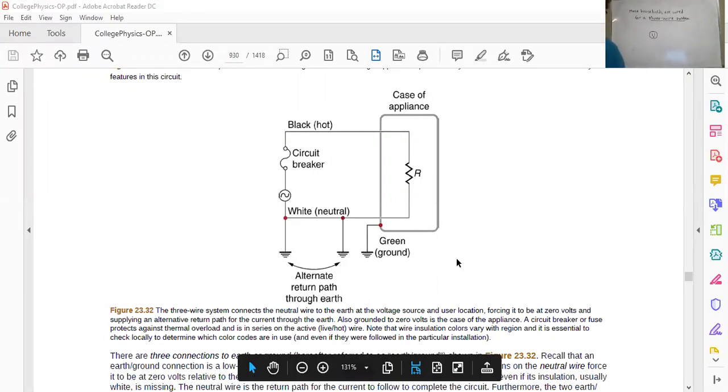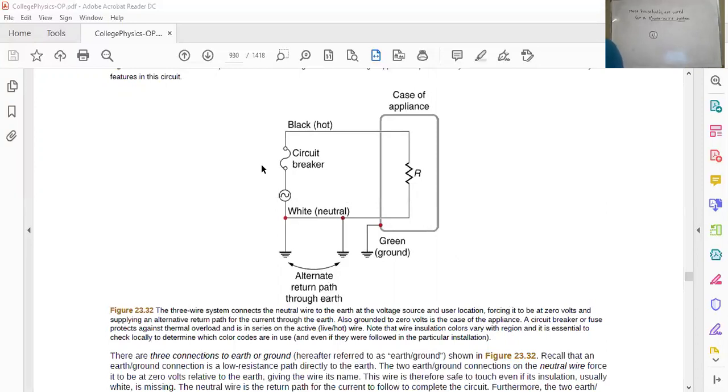You notice here on the side a picture of a fuse. That's your circuit breaker. This black wire, the hot wire, is where your actual current's going through, so it's connected in series with a circuit breaker. If that circuit breaker experiences too much current, it's going to blow the fuse. So you certainly want your fuse or circuit breaker wired schematically with the hot wire. That's another safety feature.